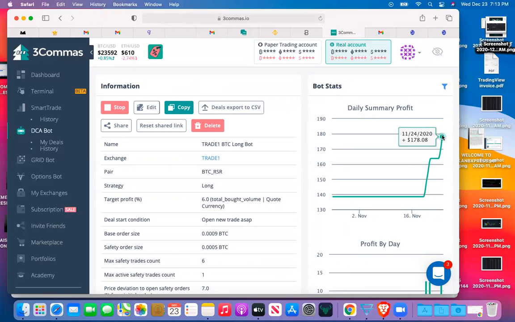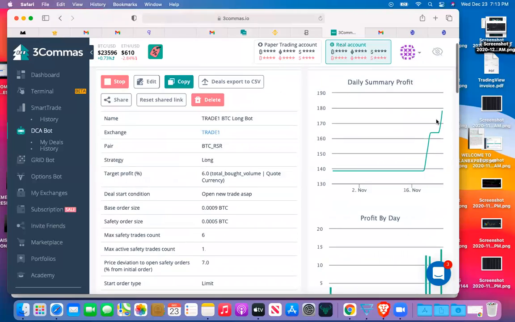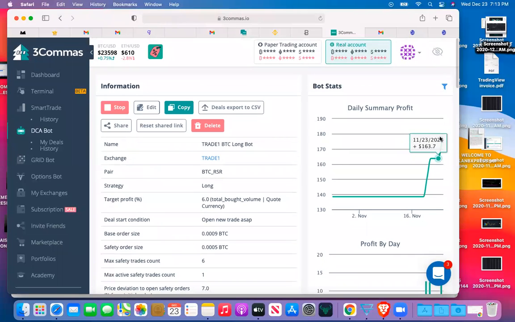I've done $178 on this from the 26th of October till the 22nd of November, not up to a month. The total profit it did was $178, guys.